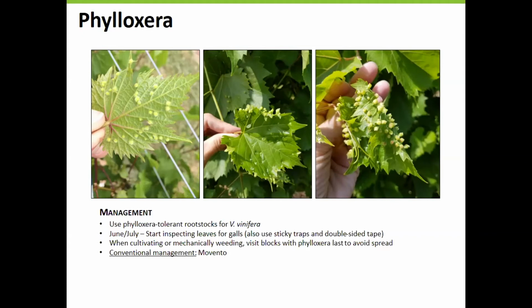Earlier season chemical control is better than late, because this insect has overlapping generations, and the stages like eggs are not vulnerable to sprays. So you want to get them when you have a lot of crawlers and active feeding life stages.